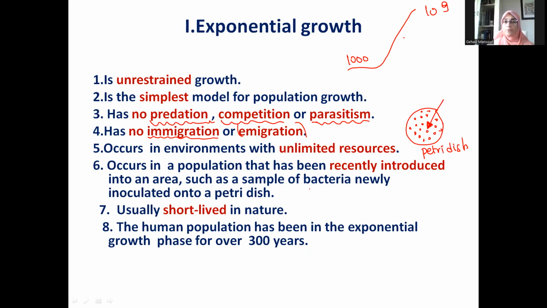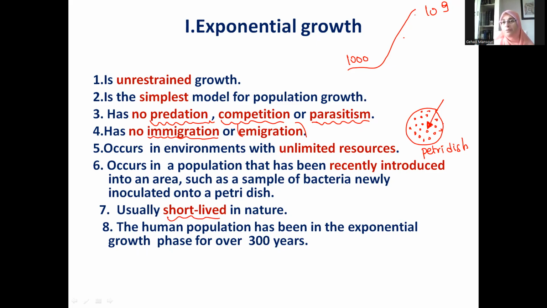And as I told you, this exponential growth is something that appears catchy, but at the same time, most organisms that reproduce that rapidly and produce a big number of offspring are short-lived.